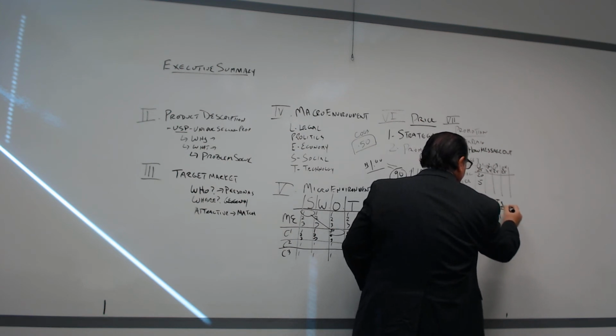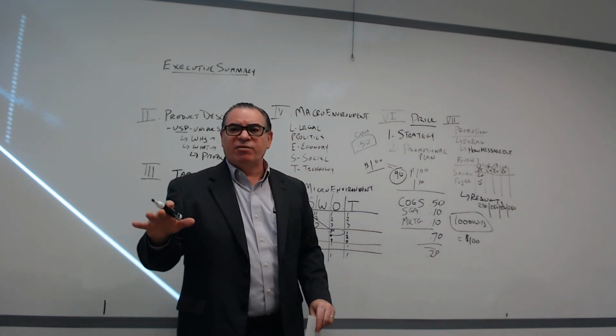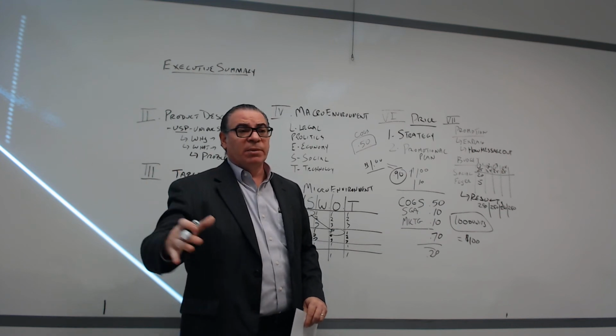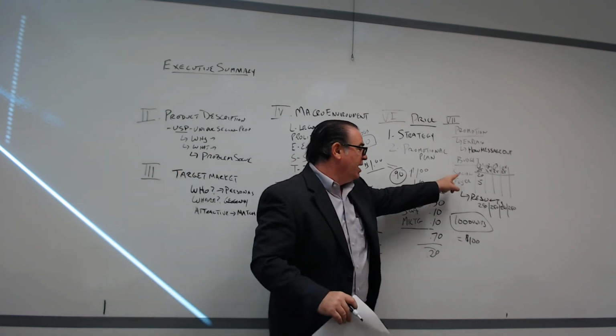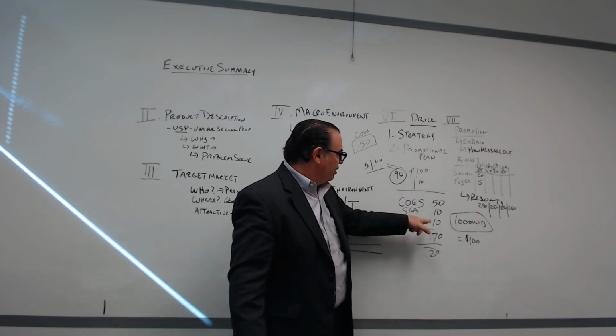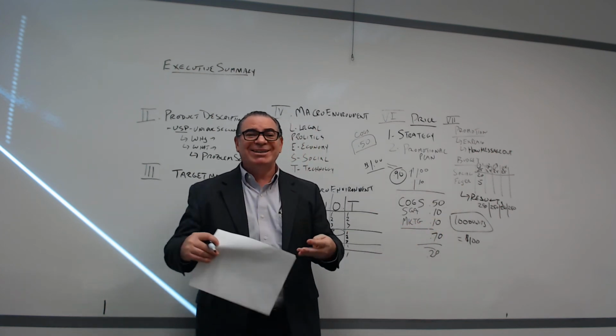Everybody see the math there? That's just simple math. If we're going to sell 1,000, we can assume we're going to sell 250 per quarter, which 25 is what? 10% of 250. So now if we go back and look at our math, that all ties in together. See how it all ties in together?